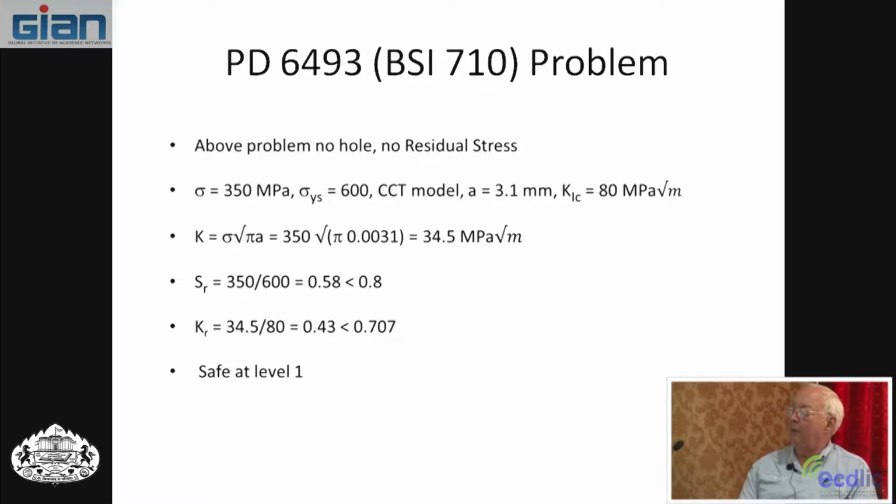So K equals sigma square root of pi A times capital F, which is 1, 350 for the stress, square root of pi A. And don't forget this when you're working with SI units. It's best for K to put everything in meganewtons and meters. Meganewtons are MPa and meters.